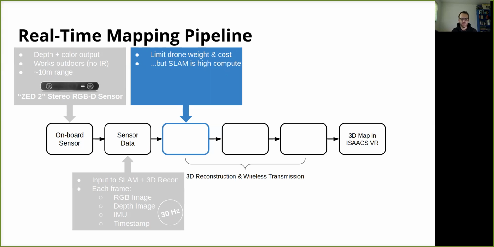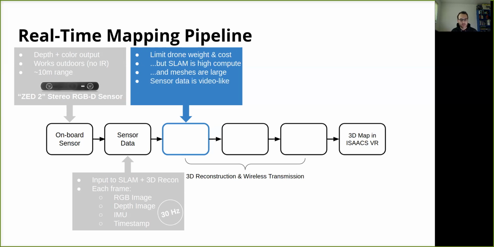But even if we do make SLAM more efficient and do get it to run on a smaller, cheaper computer, the meshes it produces are still large, and we need to still get them to the ground, to the VR interface. That's not very easy over a wireless connection when these meshes can become hundreds of megabytes. So what do we do?